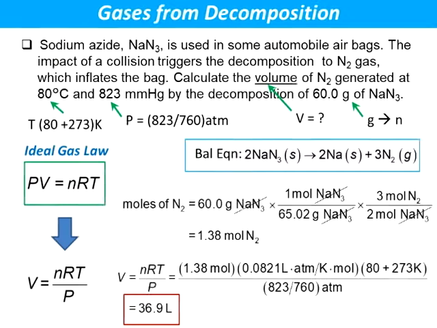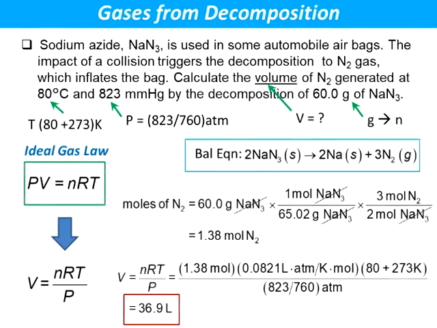We note that we have volume in question, that is the unknown, and we have grams, but grams will get us to moles. Therefore, when we look at the variables, we see T, P, V, and N. And we note then that this can be solved by using the ideal gas law equation.